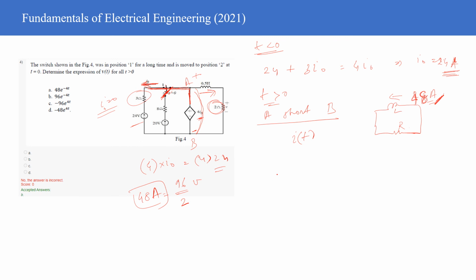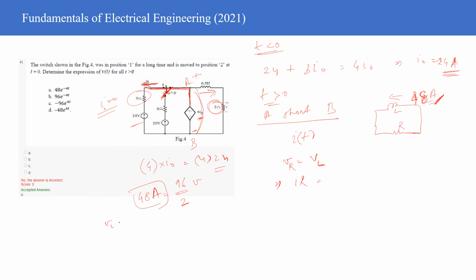So the inductor is going to discharge, right? So the voltage V across the resistance is the voltage across the inductor. What is the voltage across the resistance? It equals I into R. What is the voltage across the inductance?